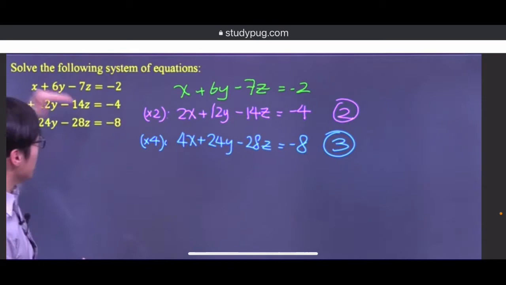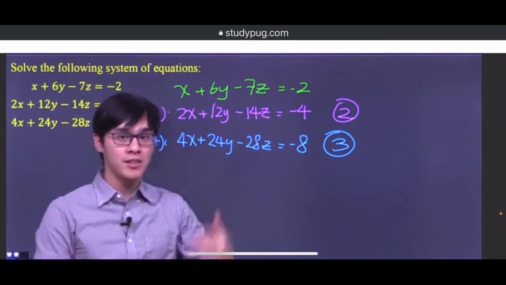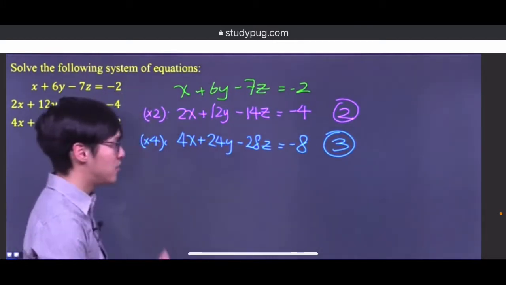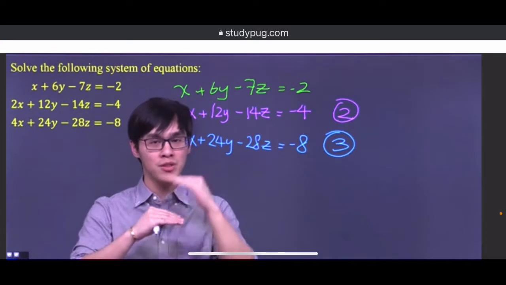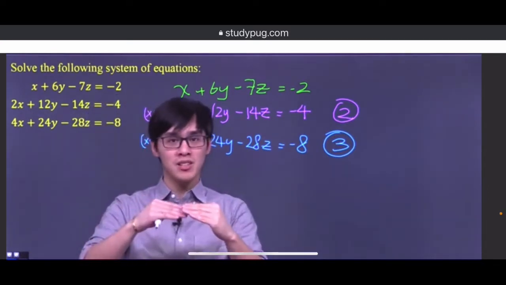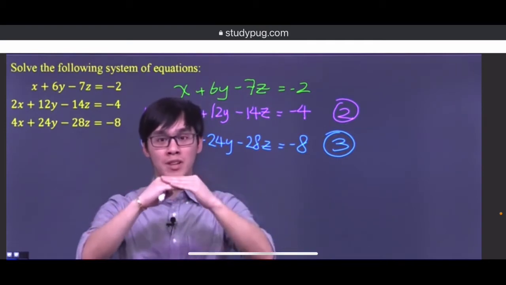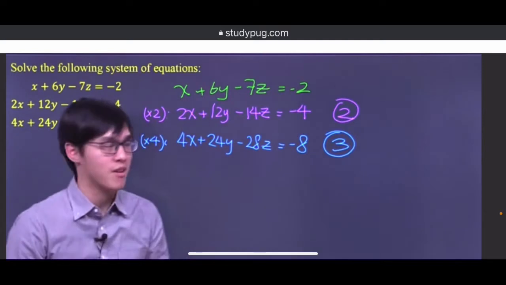So remember, each equation corresponds to a plane on our 3D graph. If they are all the same equation, that means they are all talking about the same plane. Or another way of saying that is, 3 planes are exactly overlapping on the same plane. And in that case, what is our answer?